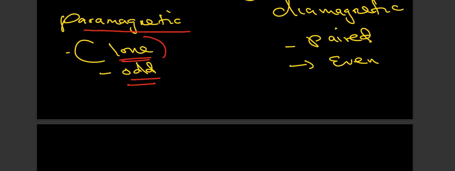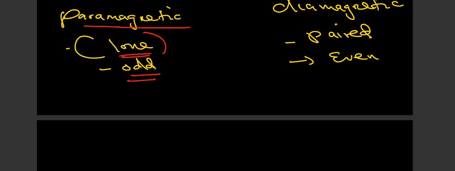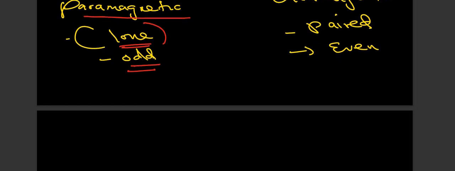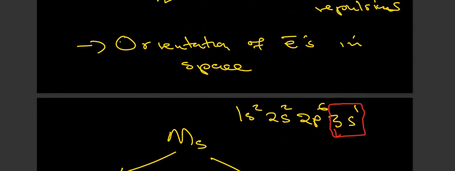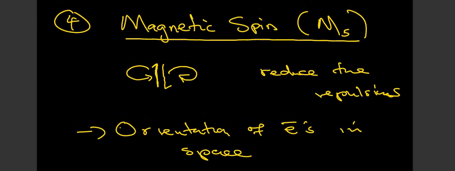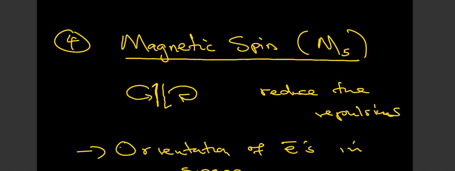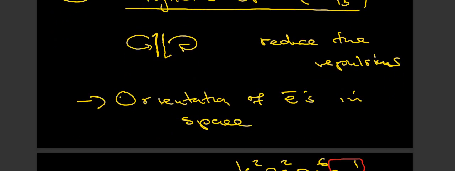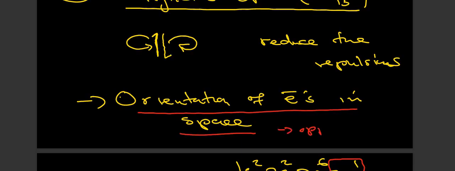So these are the four types of quantum numbers that we have. You need to know each one of them and their use. Magnetic spin just tells us whether your element is going to be paramagnetic or not. But the main reason is that it shows us the orientation of electrons in space, that they're going to be facing in opposite directions.